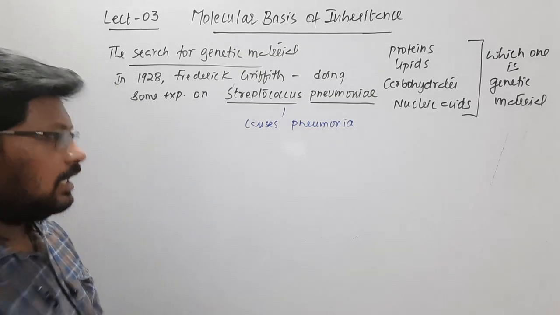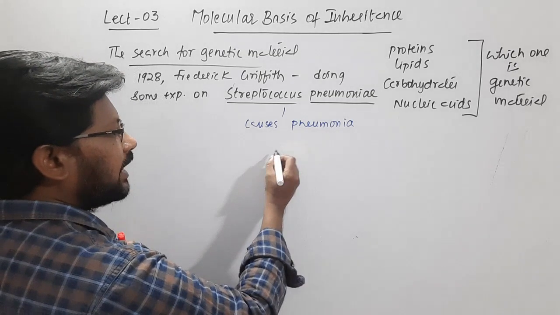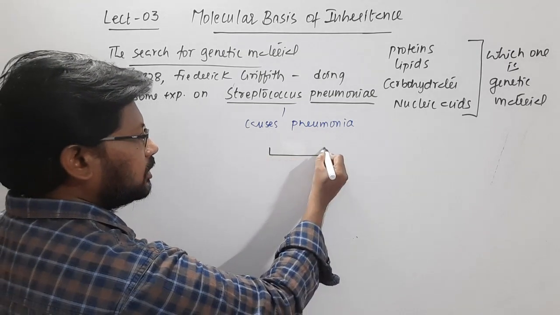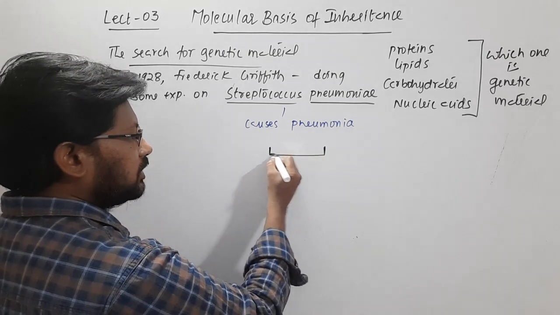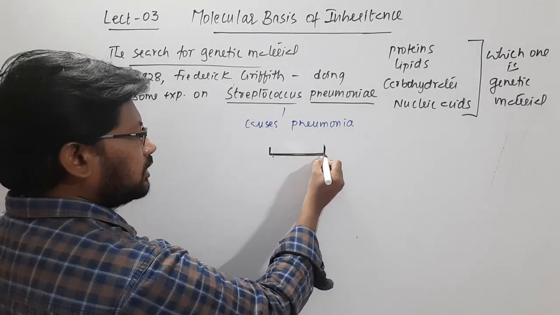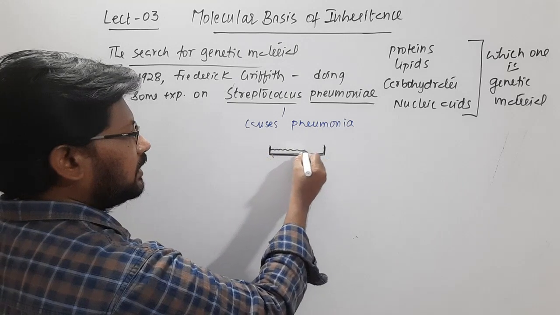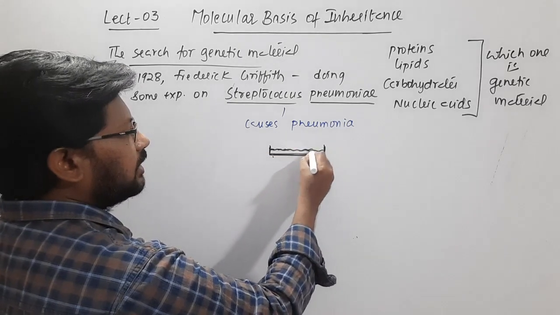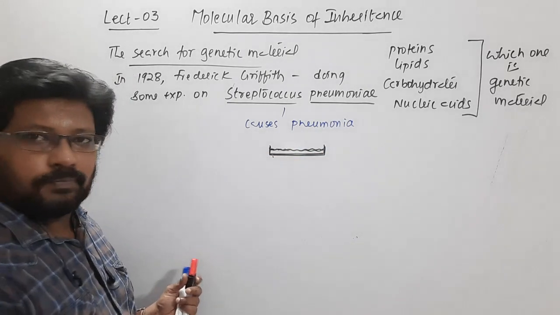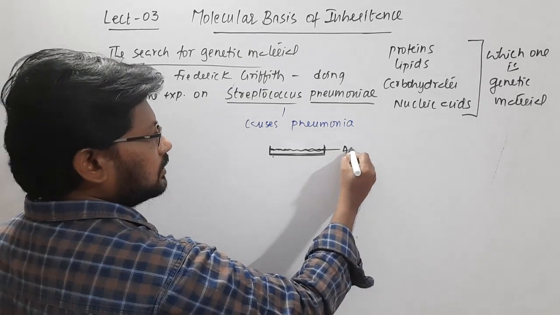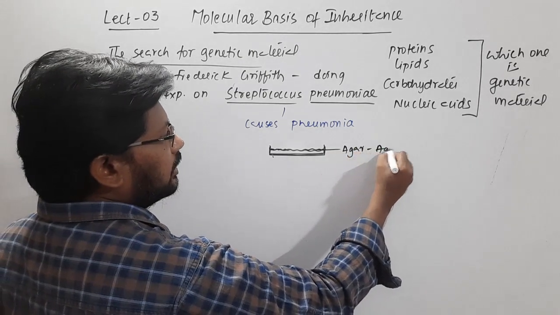Usually they grow these bacteria on petri dishes, which we see in the biology lab, filled with nutrient medium like agar.